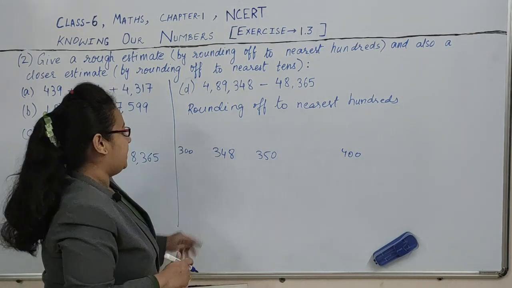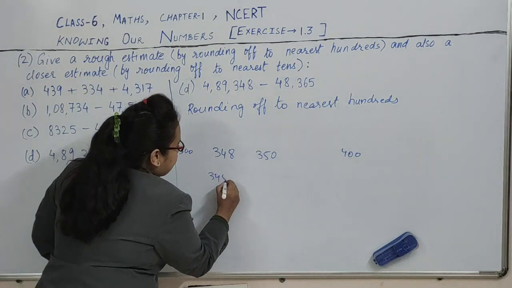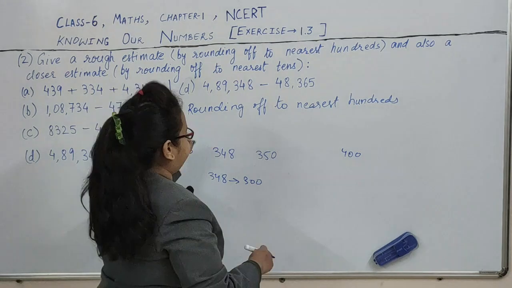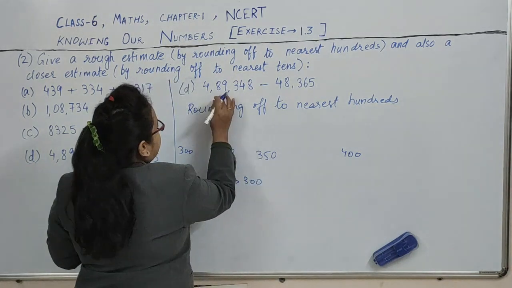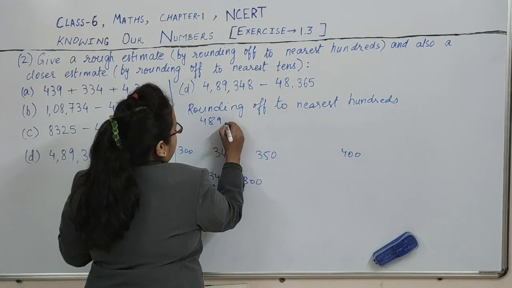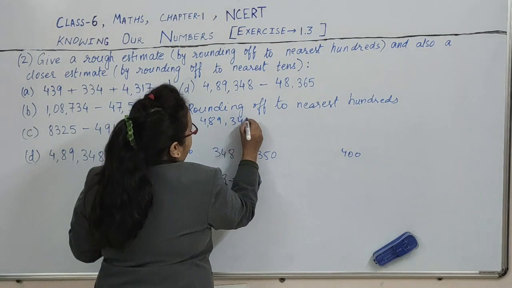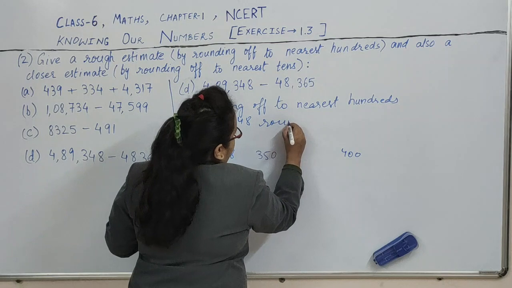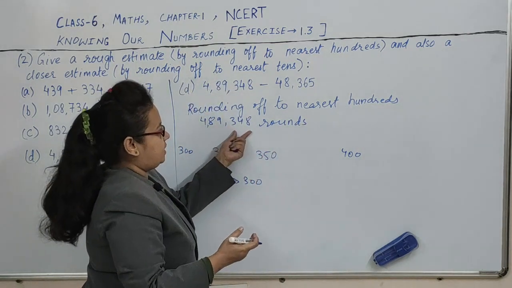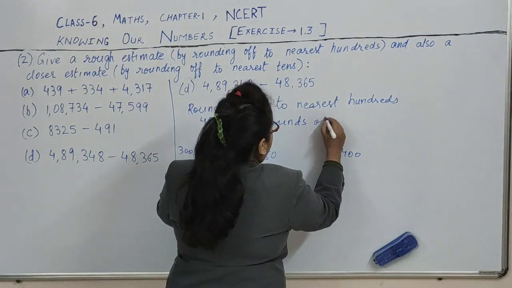So this 348 will be rounded off to 300. Okay. So this number, 489,348, rounds off to 489,300 when we are rounding off to the nearest hundreds.